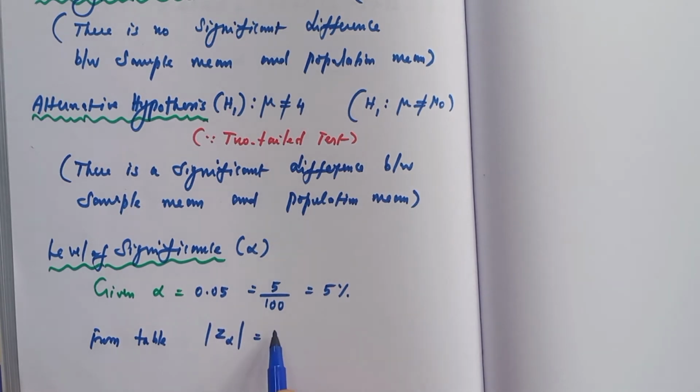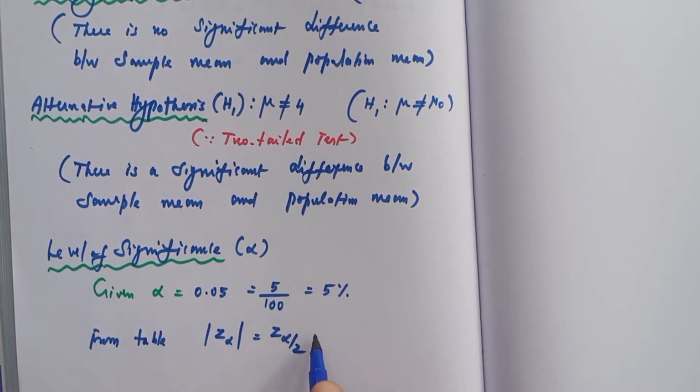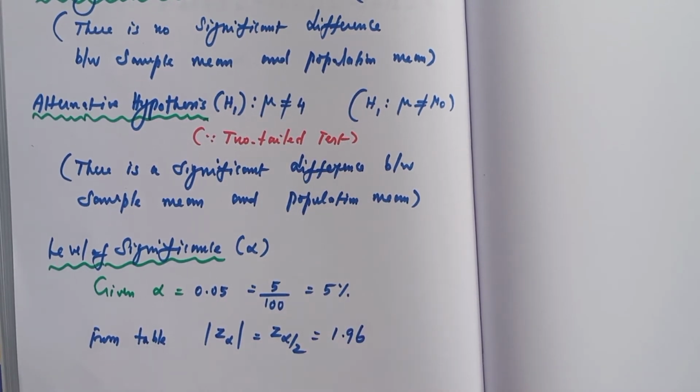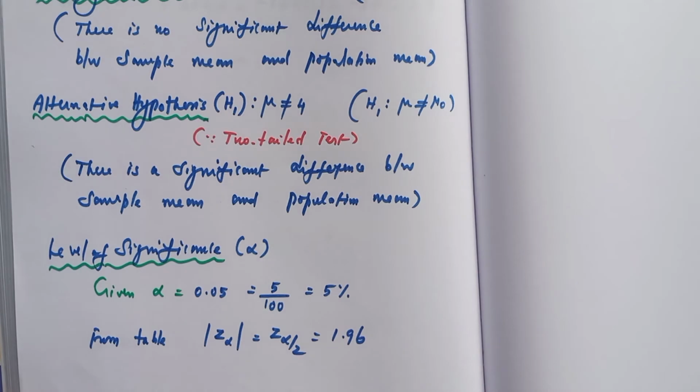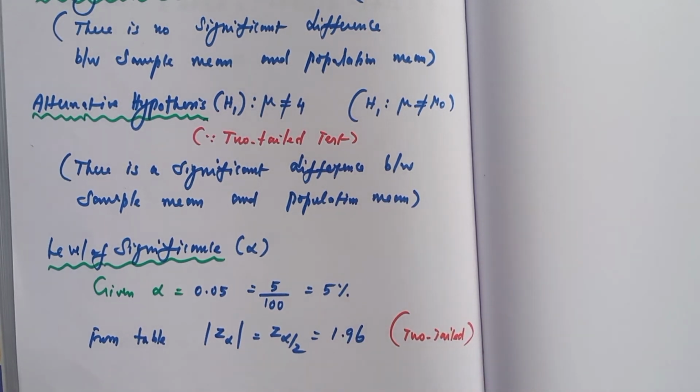Or else you can write Z alpha by 2, which means it's a two-tailed test, equal to 1.96. For your reference, I write here two-tailed. So three stages are over.